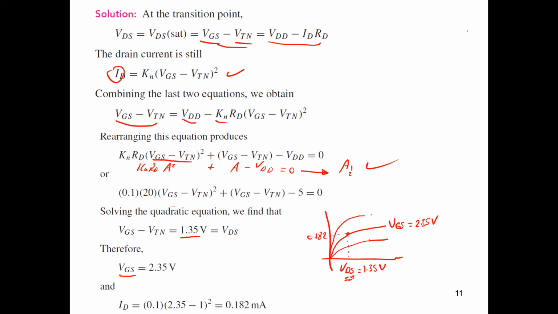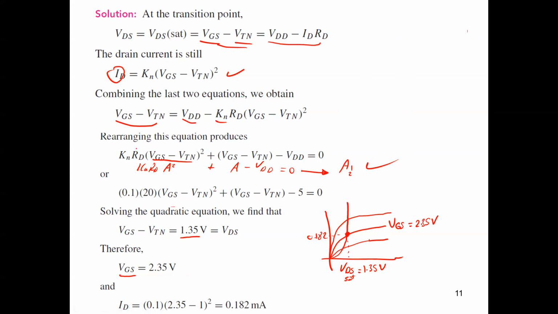VGS, the saturation curve would appear like that. So this point now, the Q point, is the same as our saturation point. Why again? Because we use the two equations.